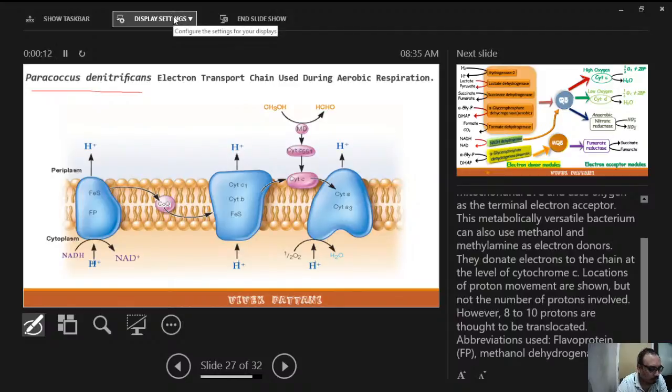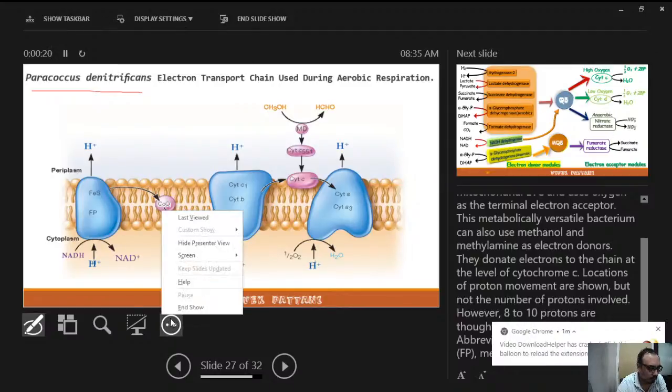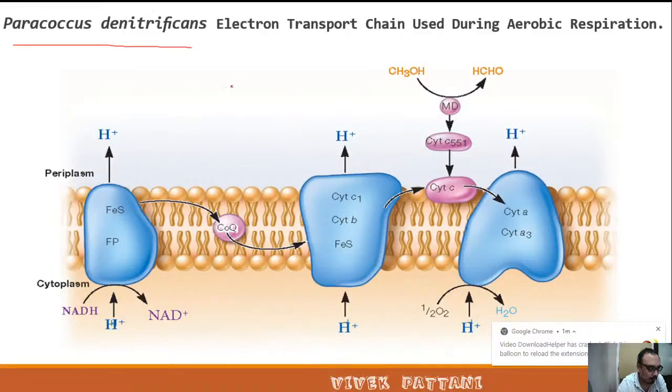Now moving forward with the Paracoccus denitrificans, you can see the process is similar: coenzyme FES complex, coenzyme Q complex, almost similar, cytochrome C FES, cytochrome A3.